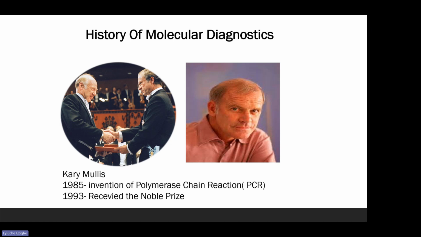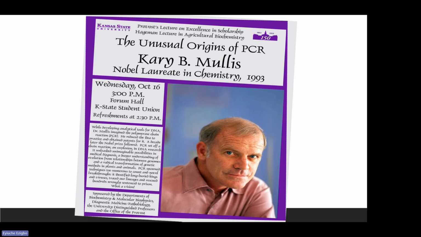The PCR enabled scientists to now amplify, produce more of this DNA so that they will be able to study it. The unusual origin of PCR. I also urge you to go and read how he came about this process of polymerase chain reaction.